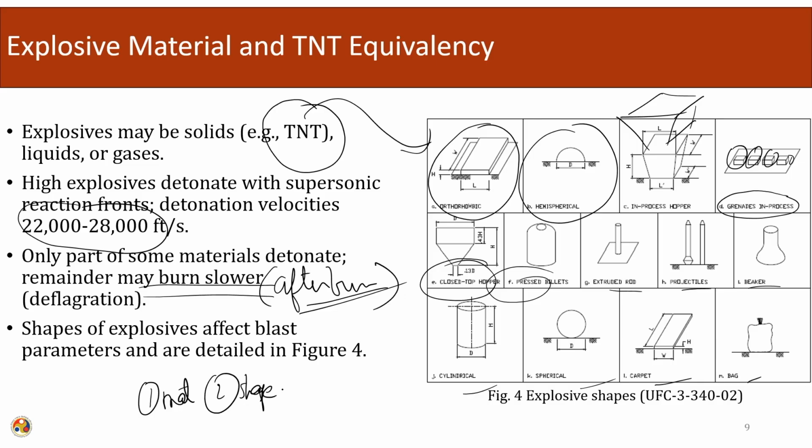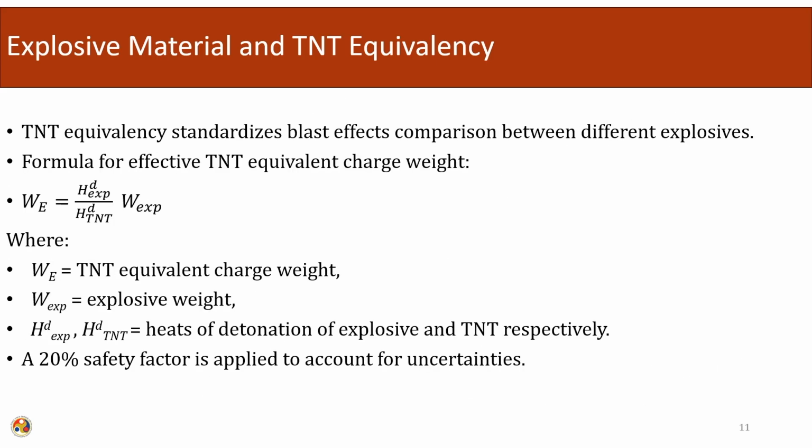In order to get a standard effect, one term is introduced, and that is called the TNT equivalency. What TNT equivalency does is it standardizes the blast effects, so that comparison between different explosives can be made.